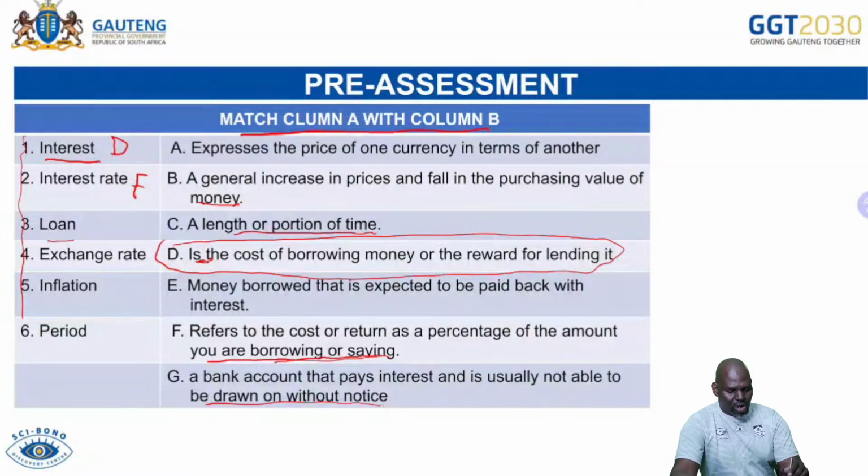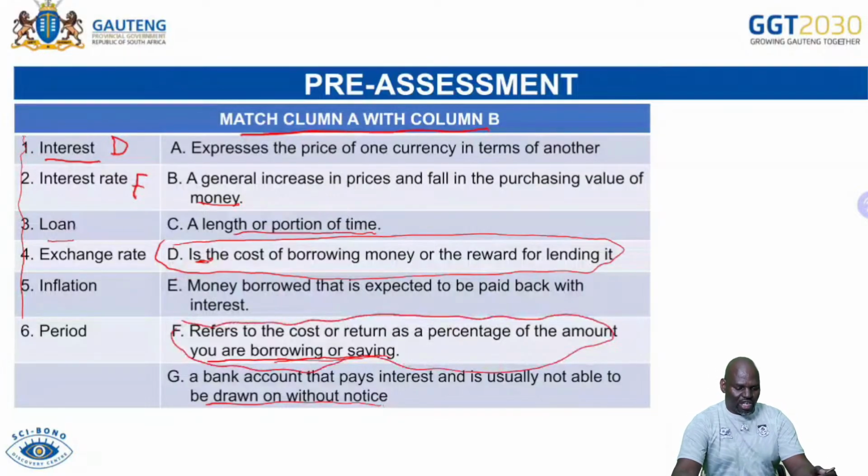We have already chosen F, so F is out. What is the definition or the explanation for loan? It's money borrowed that is expected to be paid back with interest. So this one goes with letter E. So number 3 matches with letter E on the right hand side.